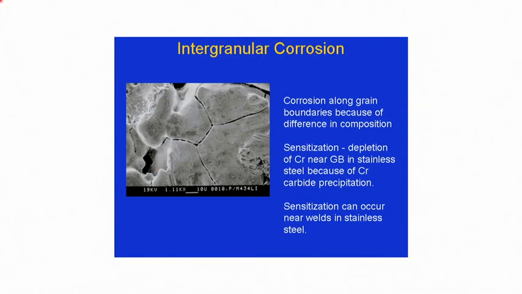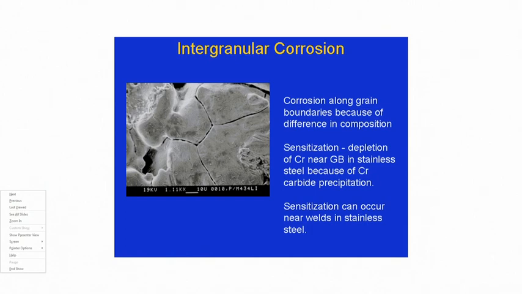If you talk about intergranular corrosion, as the name implies, it basically proceeds through the grain boundaries, subsequently leading to failure from the adjacent grain boundary regions of the component. Now, if you think of the basic components of a microstructure, in pure metal it consists of grains and grain boundaries.